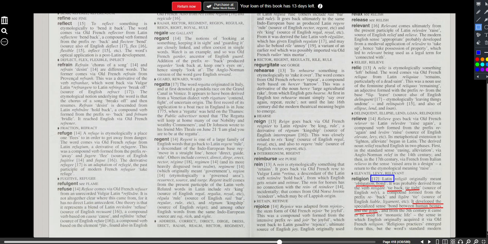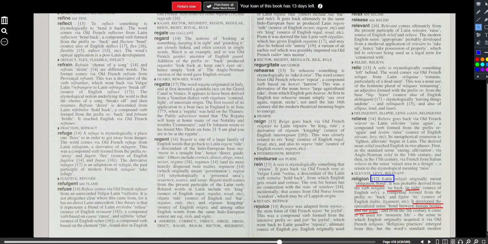And let's see what else. From the 15th century, it came to be used for monotheism life.